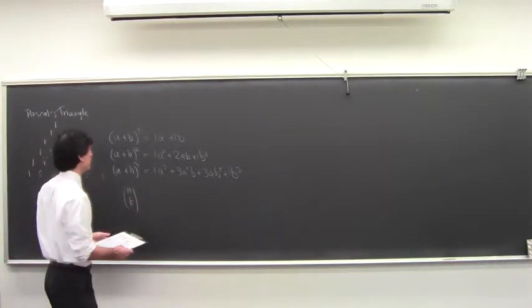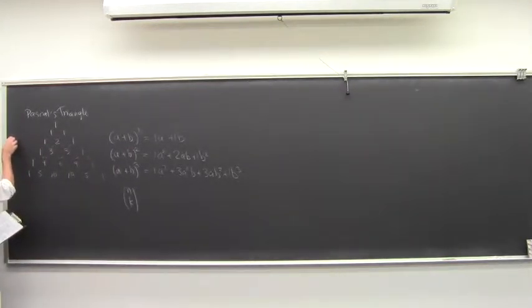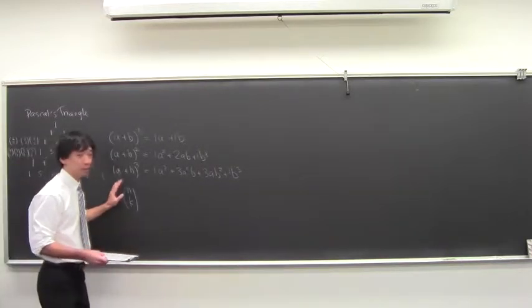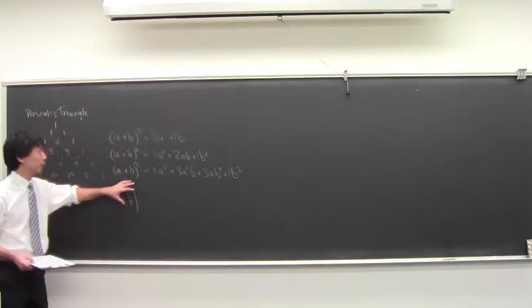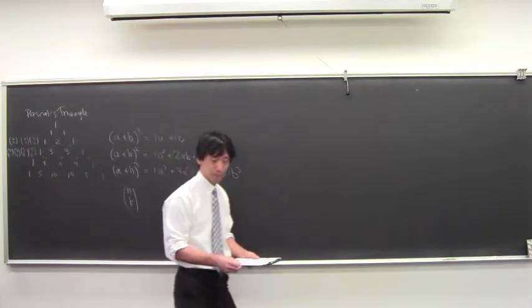In fact, these are 2 choose 0, 2 choose 1, 2 choose 2, 3 choose 0, 3 choose 1, 3 choose 2, 3 choose 3, etc. So it has something to do with probabilities, at least combinations, the number of ways that you can choose a number of elements from a set of other elements. Don't worry about this choose interpretation, but we'll use Pascal's triangle a little bit in what we're going to do today.